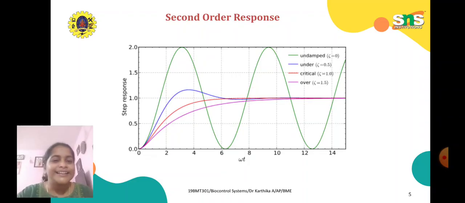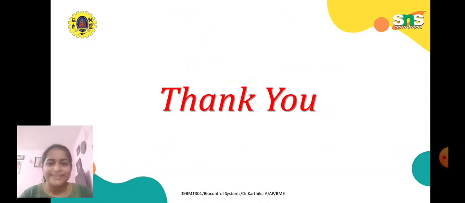The green line represents the undamped system, del equal to 0. The blue color is underdamped, del equal to 0.5. The red color is critically damped, del equal to 1, and the pink color is overdamped, del equal to 1.5. That's all about second order systems. Thank you.